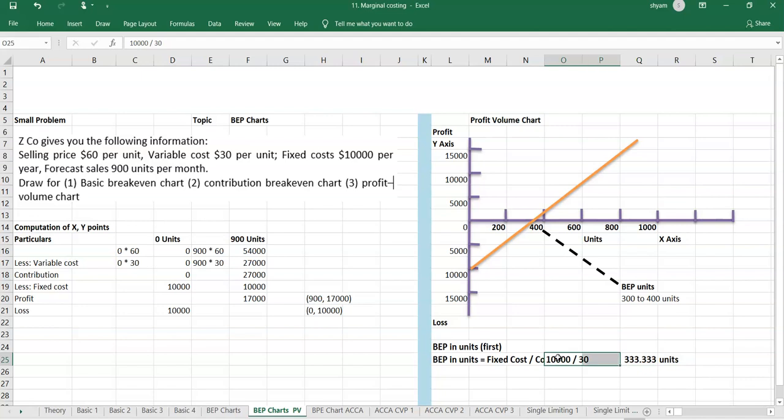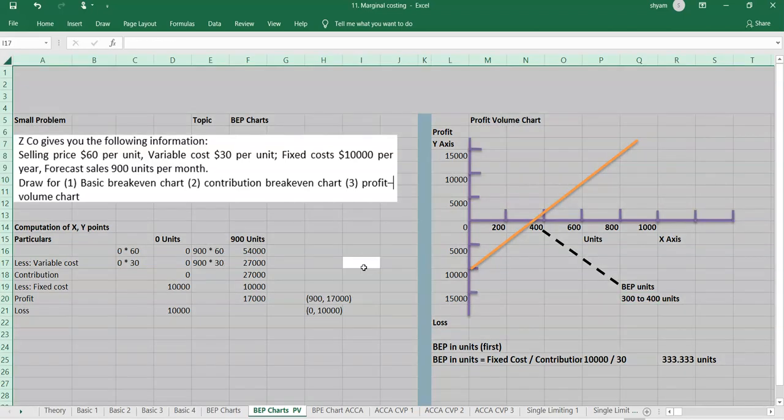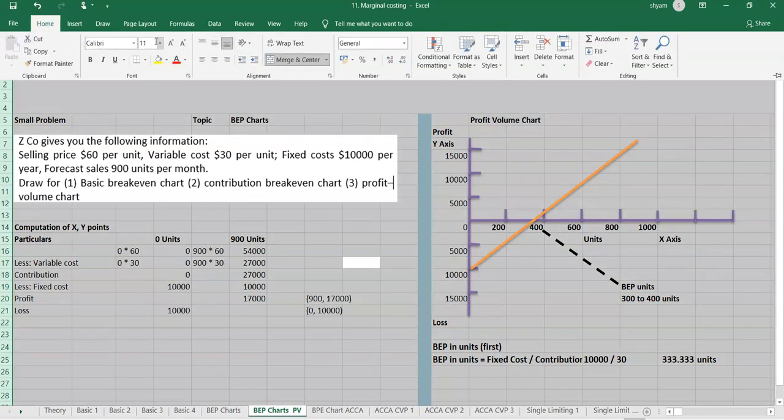It's approximately coming here, because the midpoint is 300, and the units are 300 to 400. So this should be the BEP, and when we use the formula, it comes to 333. So hope you guys got an idea here. This is about how to create a profit volume chart.